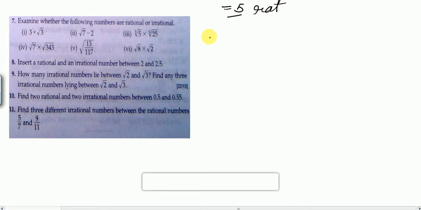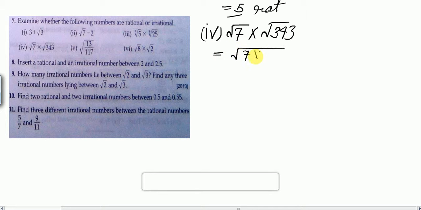Fourth is under root 7 into 343. This is written as 7 into 343, and 343 is the cube of 7.